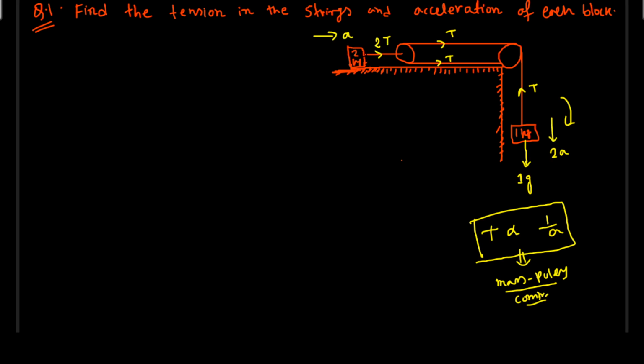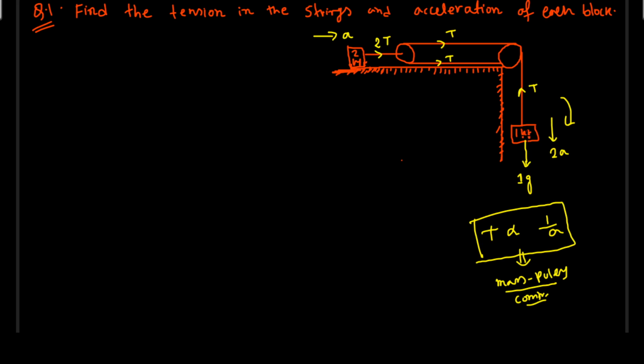When we want the relation between the accelerations of the 2 kg block and the 1 kg block, we have to compare the tensional forces acting on those blocks only.